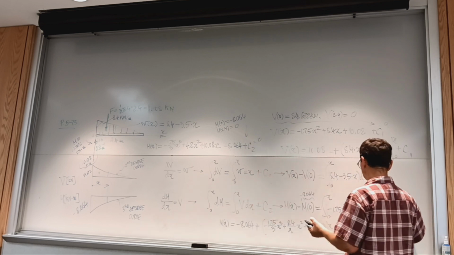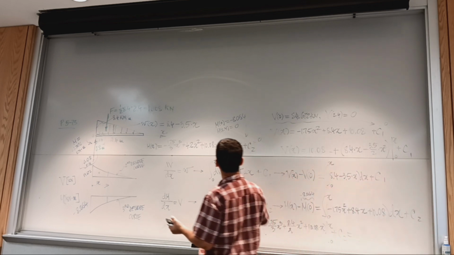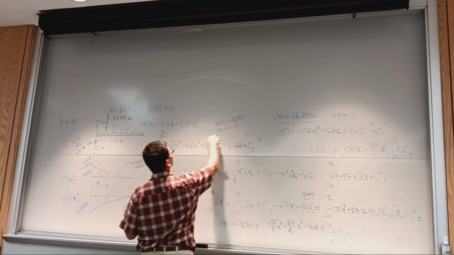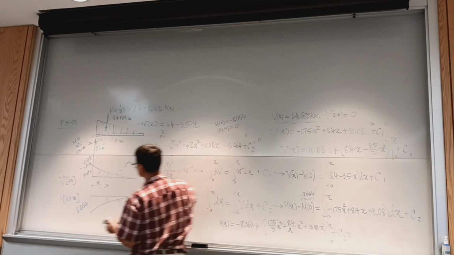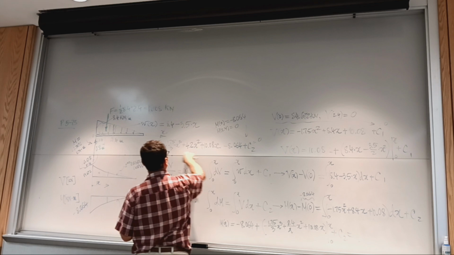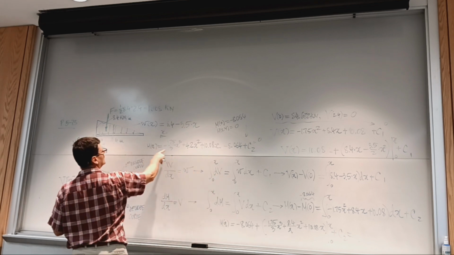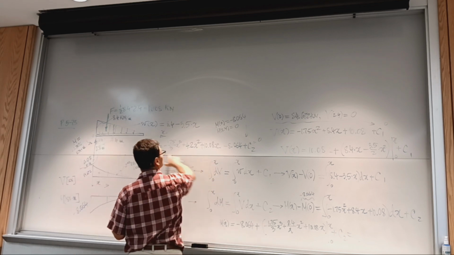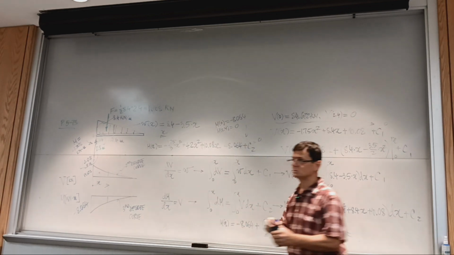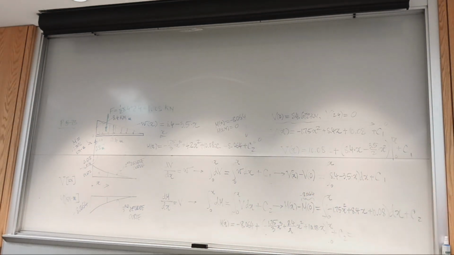And then C2. When I make x equals 0, I get this. When I make x 2.4, I should get 0. And it doesn't seem to go to 0. Were you able to find a mistake? Or maybe I missed calculations again.